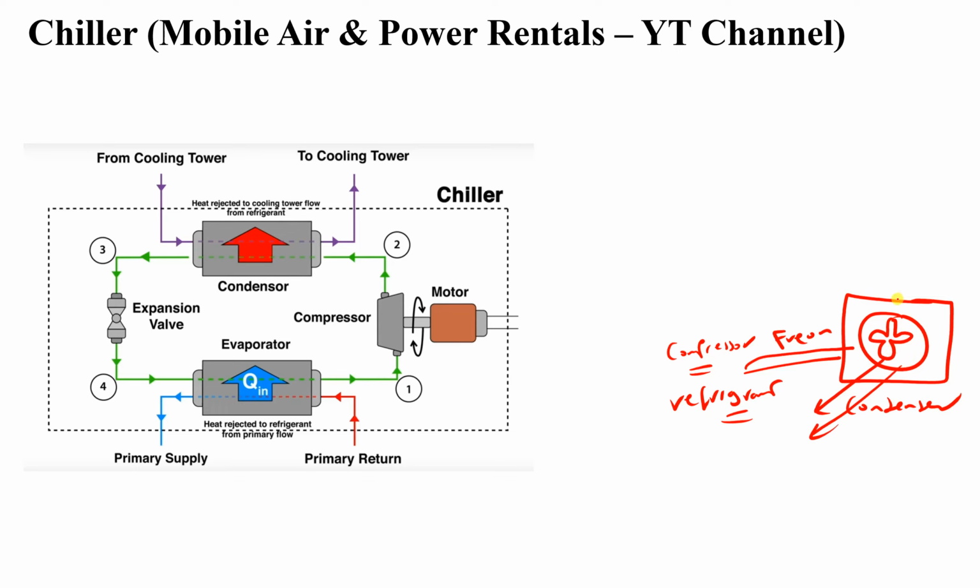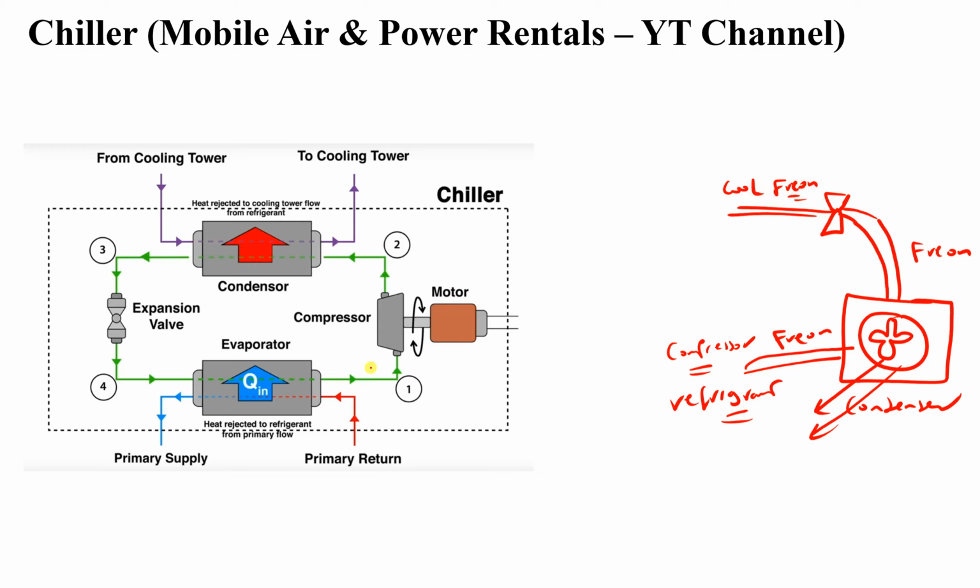Then we will have this lower temperature, high pressure Freon, or any refrigerant, and then we provide it to an expansion valve like this, which will expand it, and we will have cool refrigerant like the Freon.